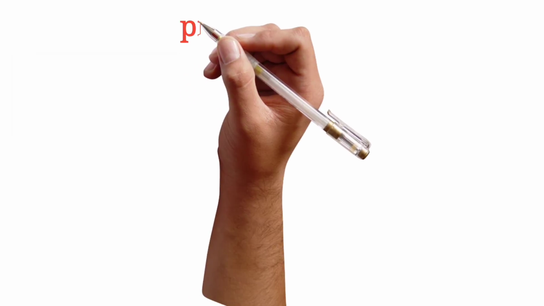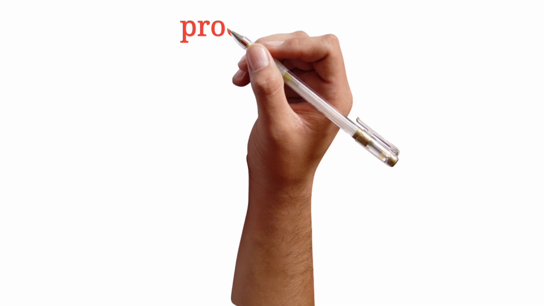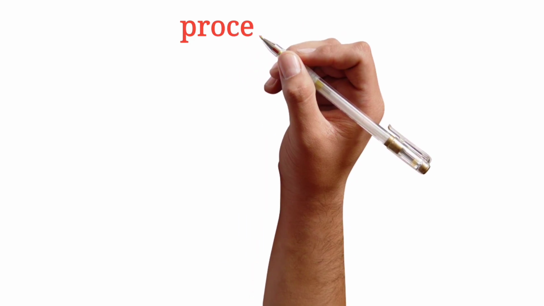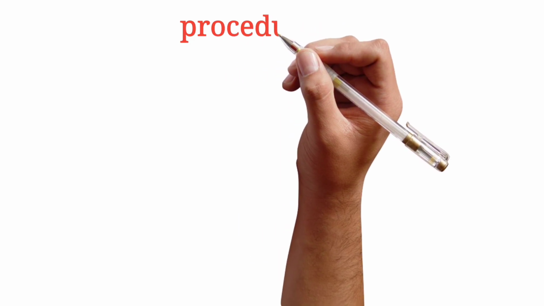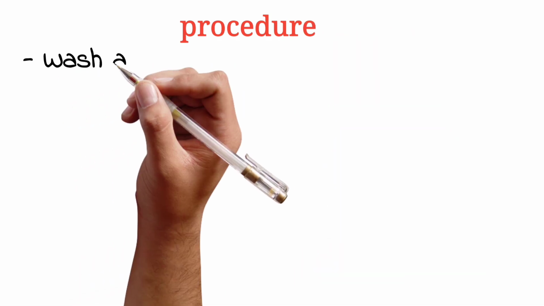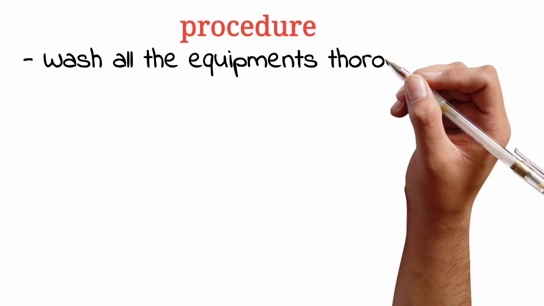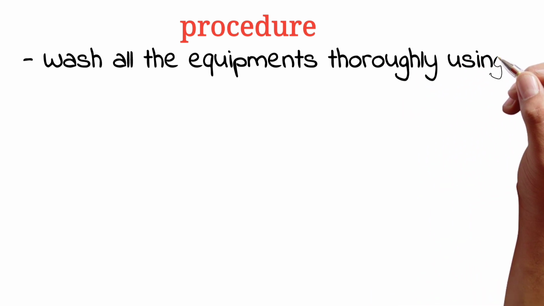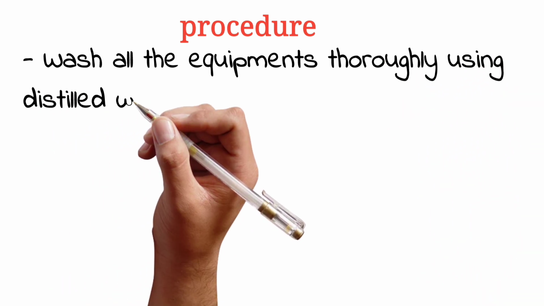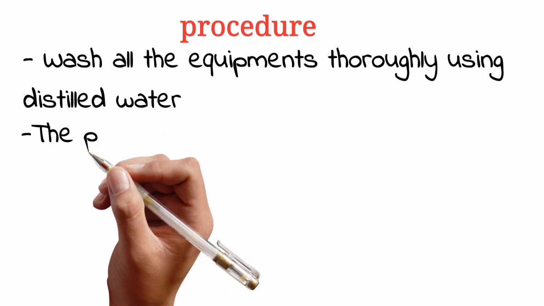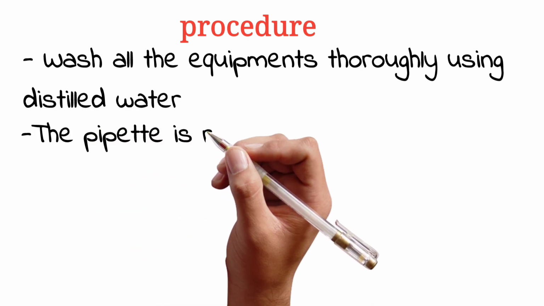Now let's look at the procedure you follow when you want to standardize or titrate your solution. The first one is that you have to wash all your equipment very well using distilled water.